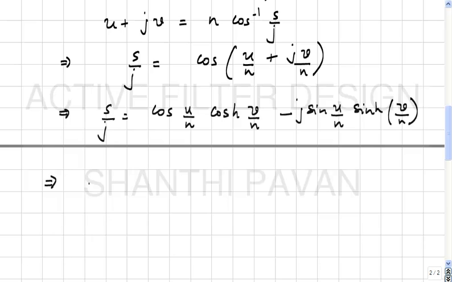Which means the roots are of the form, this must be plus minus, right? Sorry, it's minus, okay. So we've already figured out what the u's and v's are, so it's just replace. So this must be minus sin u by n sin hyperbolic v by n.